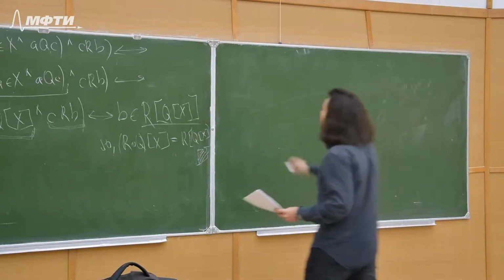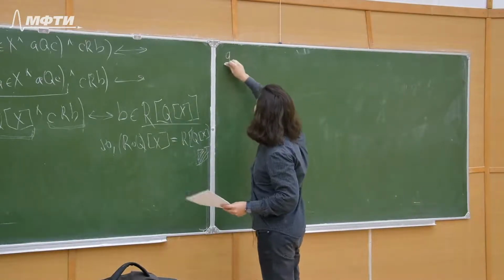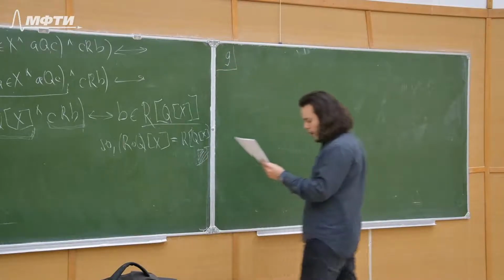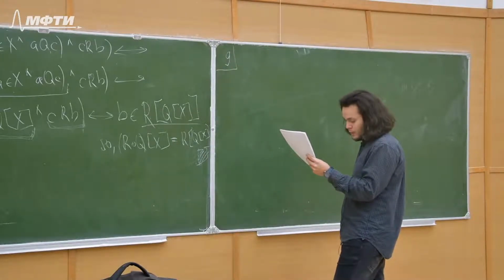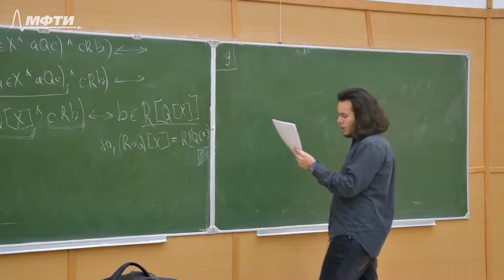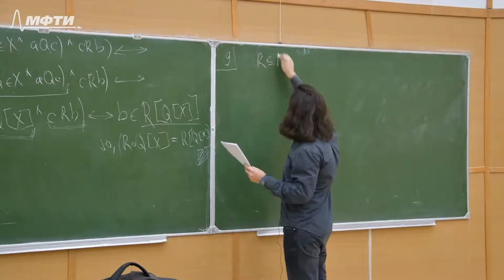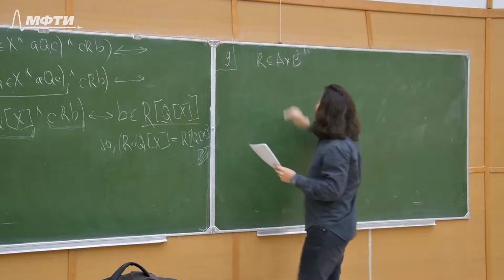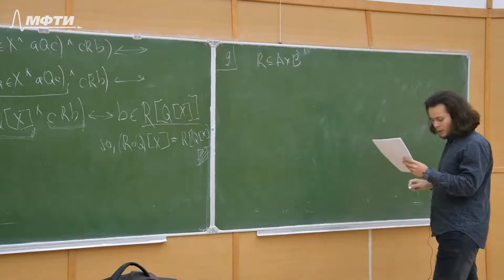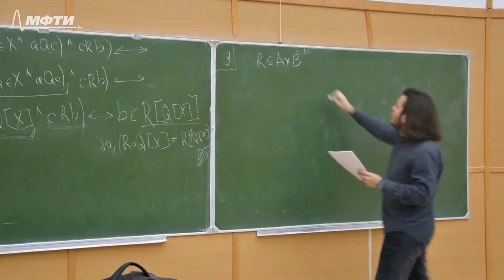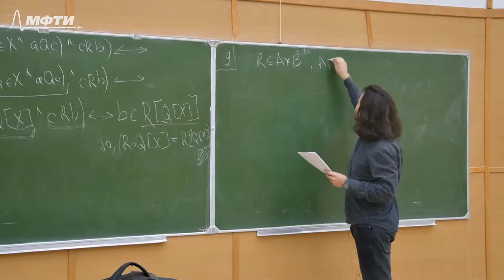So number 9, the last one for classwork 4. Suppose that R is a binary relation between sets A and B, for A and B non-empty.